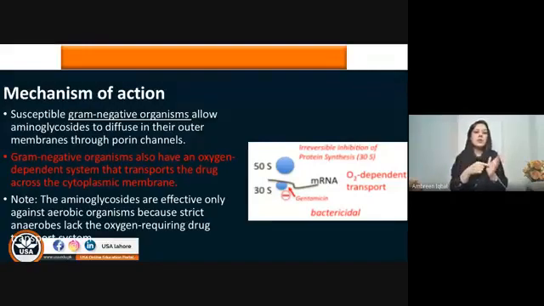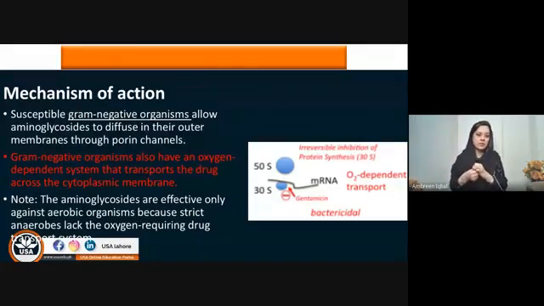This oxygen-dependent transport system in the cell membrane helps the drug cross the membrane and get into the bacteria. While the gram-positive organism does not have an oxygen-dependent system, due to which transport of the drug into the bacteria is difficult.